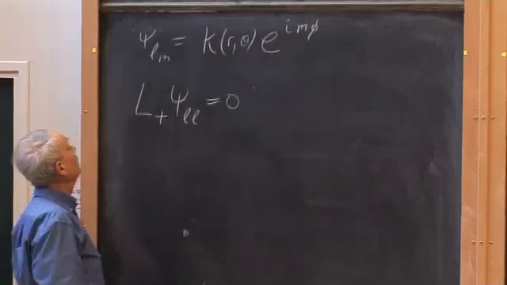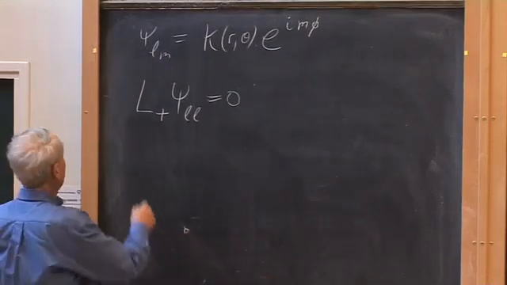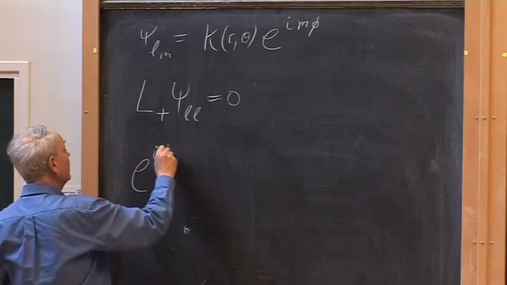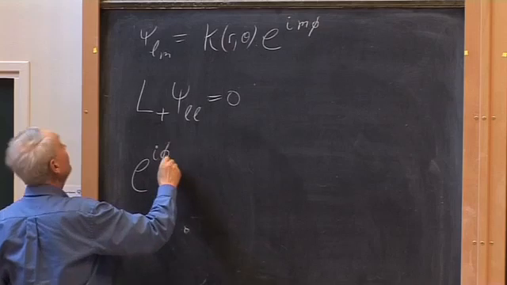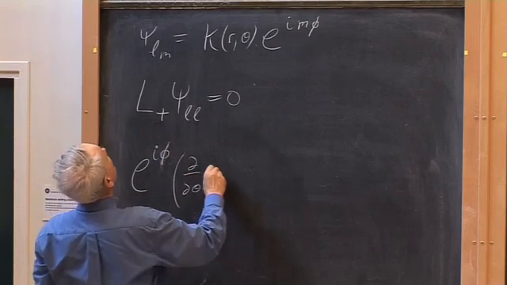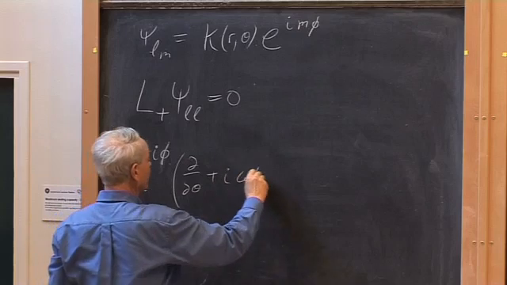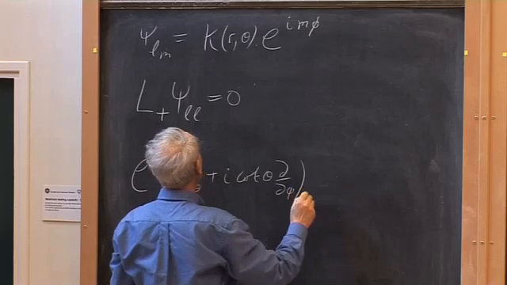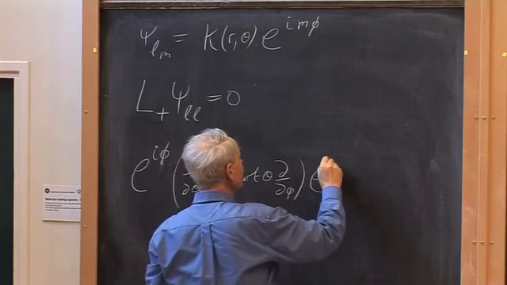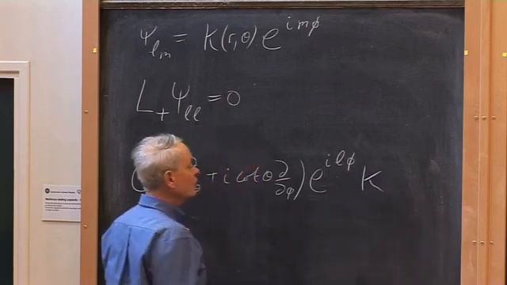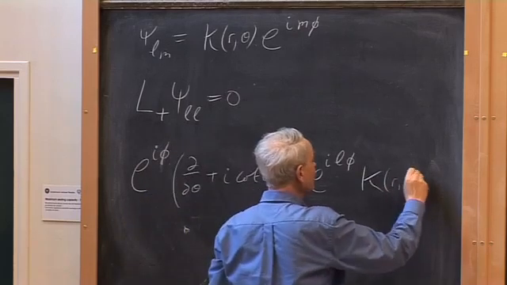Copying down what that is, turning this equation into the position representation: e to the i phi, d by d theta plus i cotangent theta d by d phi, operating on e to the i L phi times this function K, which depends on r and theta.